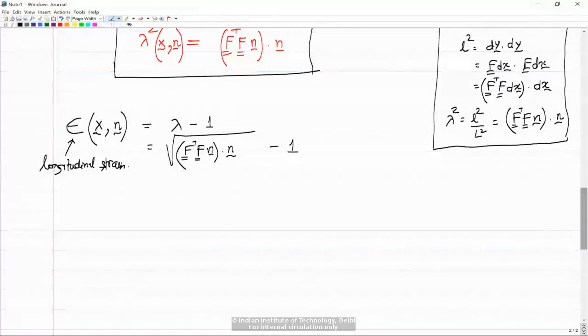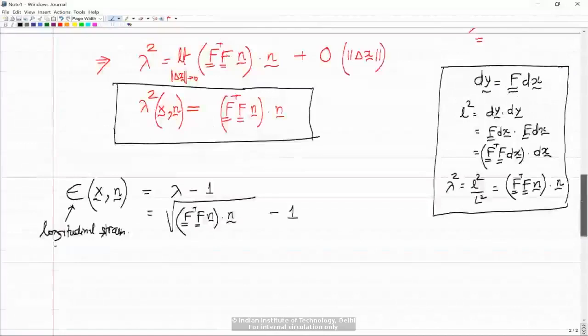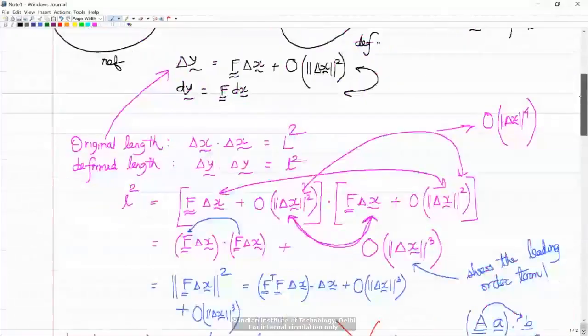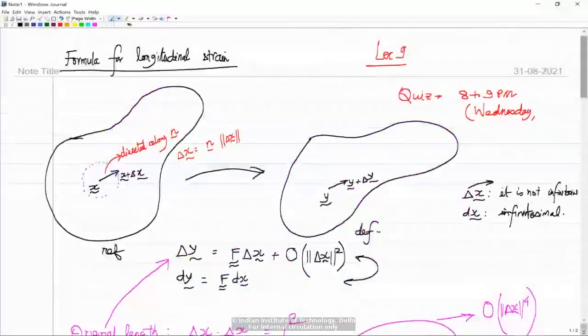And before proceeding further, let me emphasize here that this n is the direction of the line element in the reference configuration. Remember that. Okay. So therefore, it is important for you to pick a reference configuration.